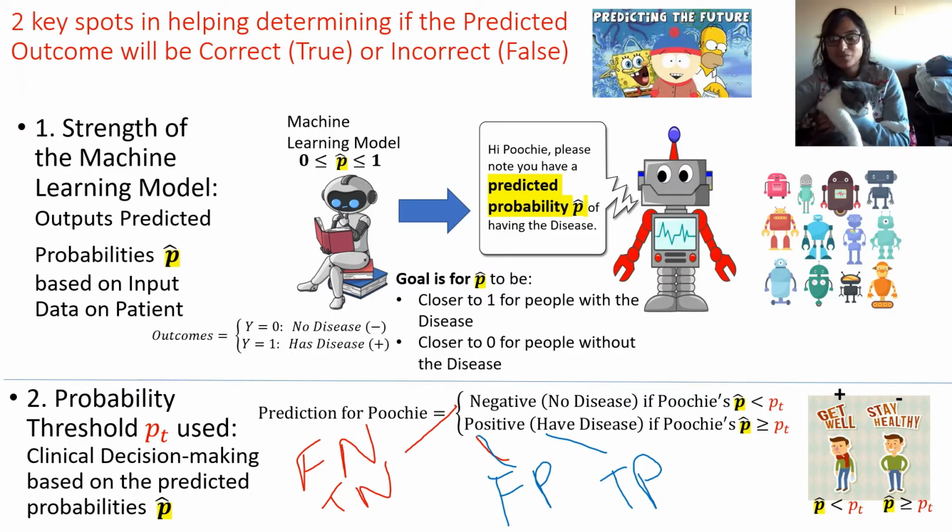We're going to talk more about that here, and I hope this gives you a little more motivation about why this is important. In this video we're focusing on the threshold probability and how that impacts predictions. Machine learning model predicted probabilities are still very much a key role, but that's a whole other beast in and of itself. Here we're just saying we assume we got the predicted probabilities from our prediction model, and we're acting on them based on our threshold probability.